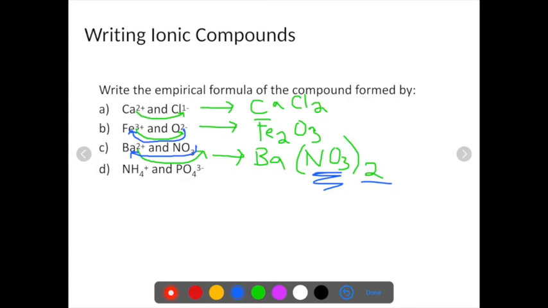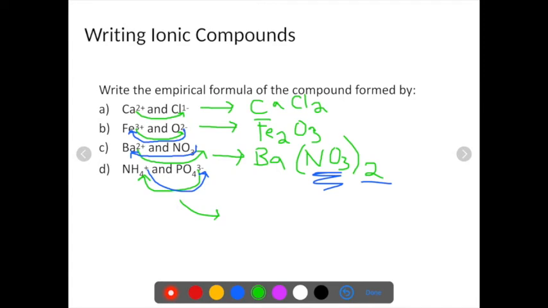If you only have 1 polyatomic ion, you don't need parentheses. I'll show you that in our next example. The 3 from phosphate is going to go over to ammonium, and the +1 is going to come over here. So we start with 3 ammonium.